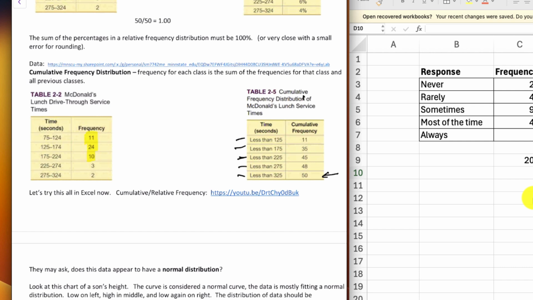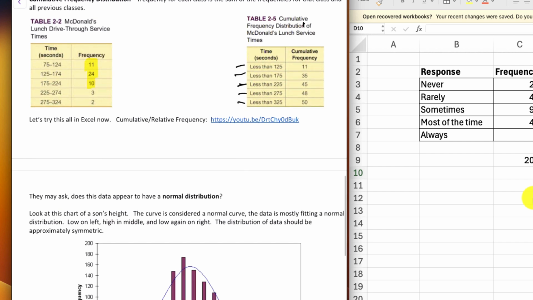That's the total. That's everything in the list. So cumulative frequencies mean add the frequency before it. Add all the frequencies before it until you're to the last one, which will include the total. It'll include all of them then. So that would be considered a cumulative frequency table.